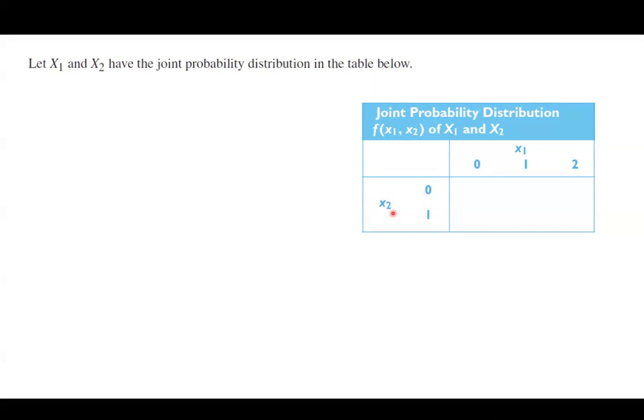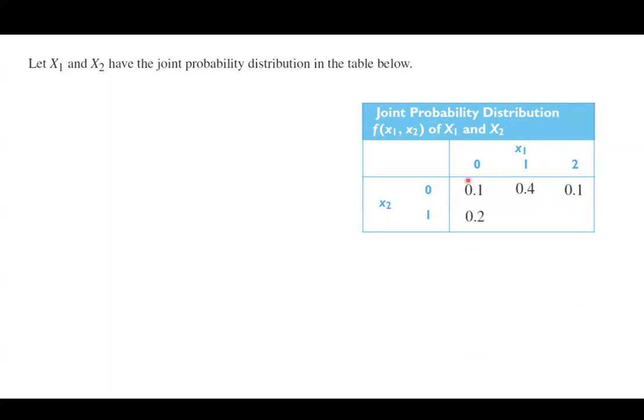Well, in this example, the probability that X1 is 0 and X2 is 0 is 10%. The probability that X1 is 1 and X2 is 0 is 40%. The probability that X1 is 2 and X2 is 0 is 10%.